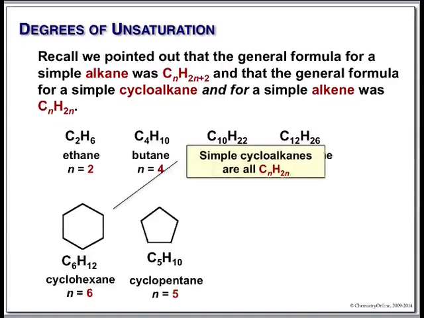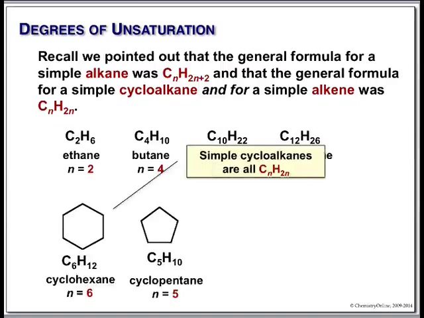We saw that if we made a cycloalkane, our general formula changed. For a 6-member ring, we have C6H12. That's CnH2n. Same thing if we have a 5-member ring, C5H10, CnH2n.